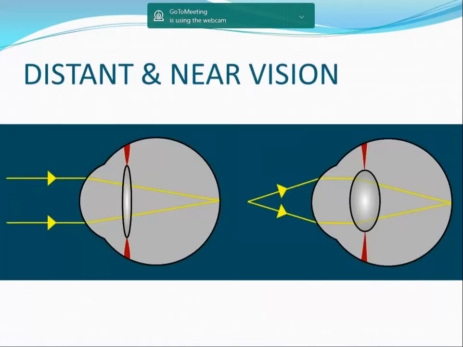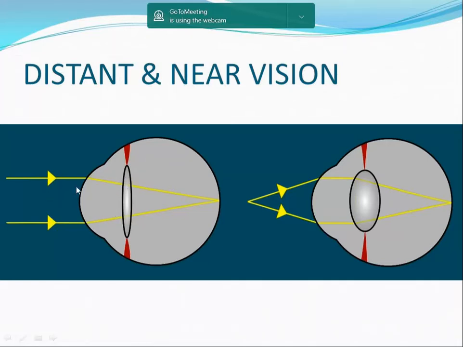Okay, so now let us see the difference between distant vision and near vision. When you view anything in the distance, all the rays of light coming from that distant object are parallel to each other, and our normal eye is designed for this distant vision.